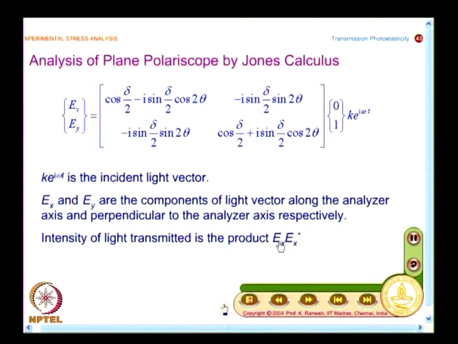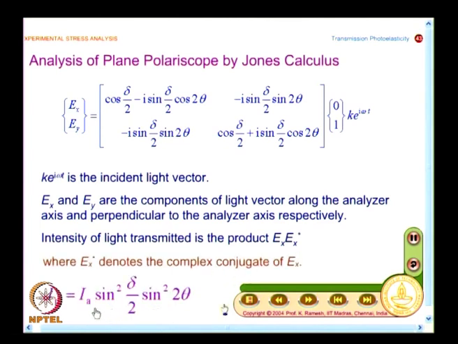Once I know Ex, I can easily find Ex star, and this matrix multiplication is very simple, and I get the expression for light simply as I a sin square delta by 2 sin square 2 theta, which is the same as what you got by trigonometric resolution, absolutely no change.